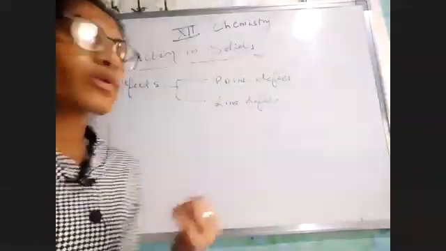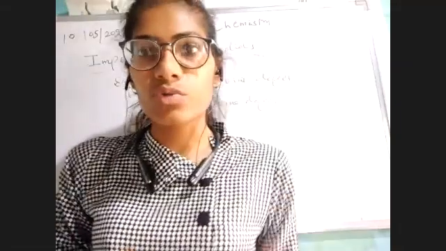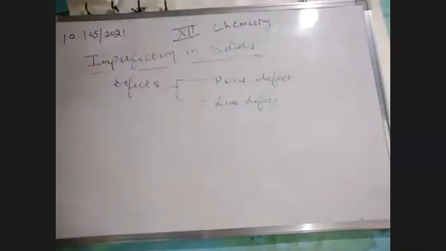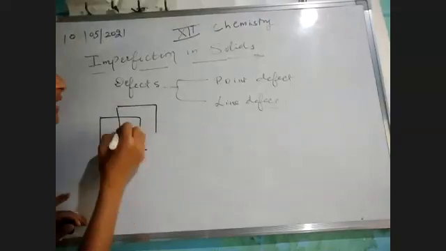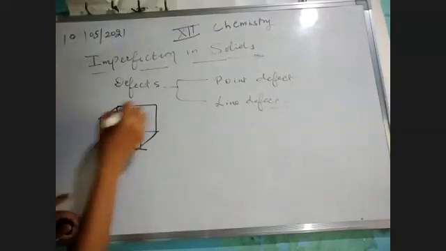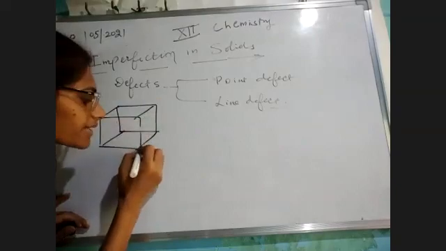Let me define what point defect and line defect mean. See class, you know very well that whenever we have studied in our solid state, we have said that our unit cell has some crystal points.